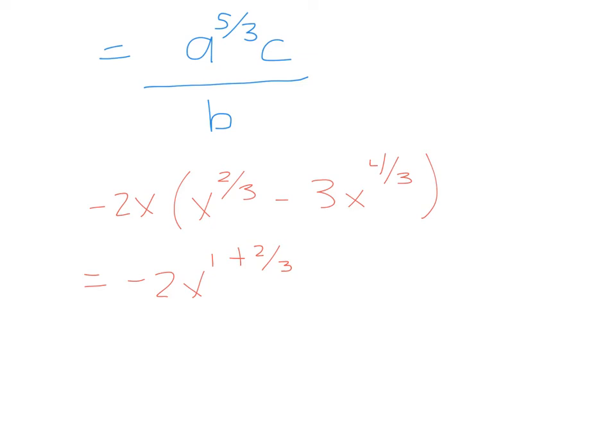Okay, then negative 2x times negative 3x to the 4/3, multiplying those coefficients, we're going to get a positive 6. And then the x will have exponent of, take the exponent of 1 and add the exponent of 4/3. So we get negative 2x, adding 1 and 2/3, that's like 3/3 plus 2/3, so that'll be like a 5/3. Plus 6x, adding those exponents, again, 3/3 plus 4/3, we get 7/3.